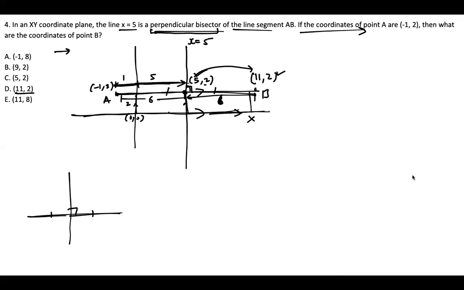Is everyone okay with this, that these lines are parallel and hence we are not using any distance formula here? Yes. I only knew this is -1, 2 and this is 5, 2, so I directly calculated the distance to be 6 units. I hope it's clear. So the answer is 11, 2.